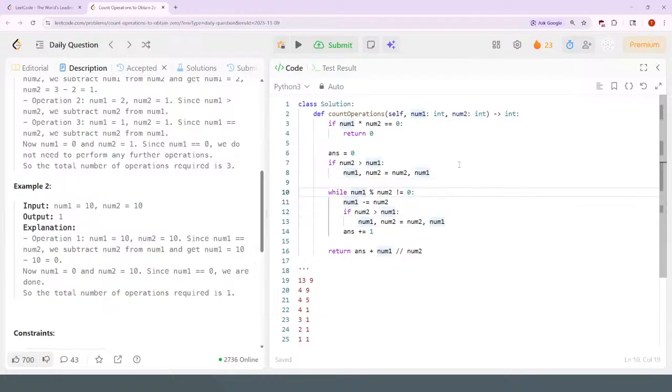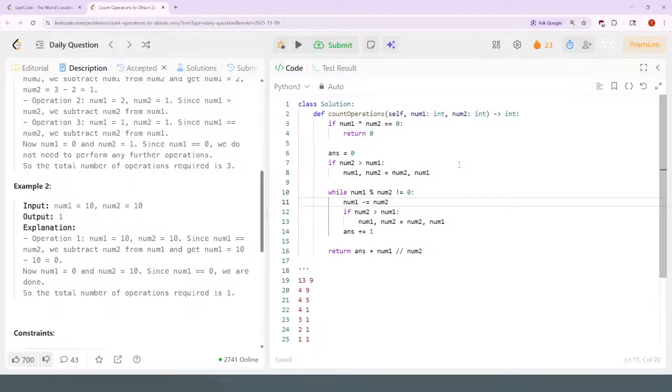So if I didn't have this, it'd be, well, num1 mod num2 not equals 0, and num2 mod num1 not equal to 0. And then what? It has an if statement then.